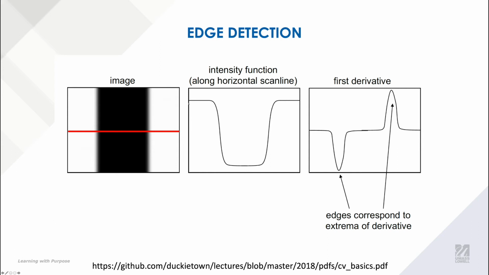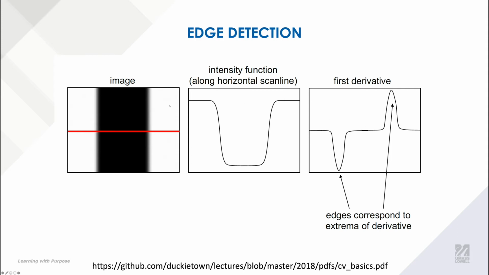So if you graph this, you end up with pretty obviously a strong negative derivative here, and then a strong positive derivative here. We generally call each side of this an edge, because each side of this is the image's intensity changing in some major way. And the point that we call an edge is often the extreme of the derivative, which, if you remember back to calculus, is found with the second derivative.